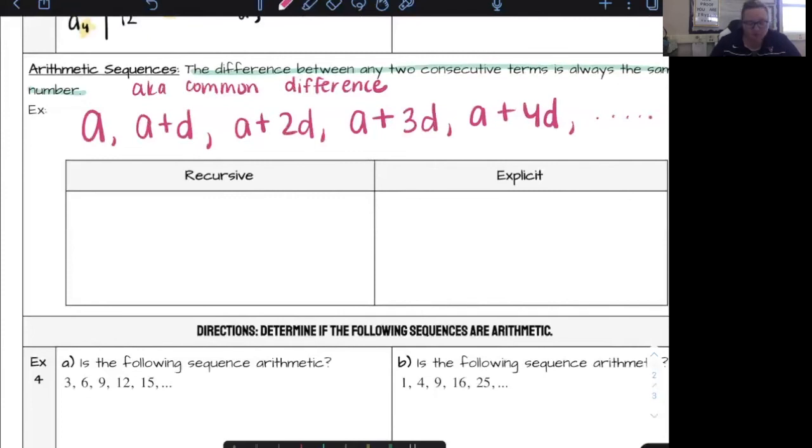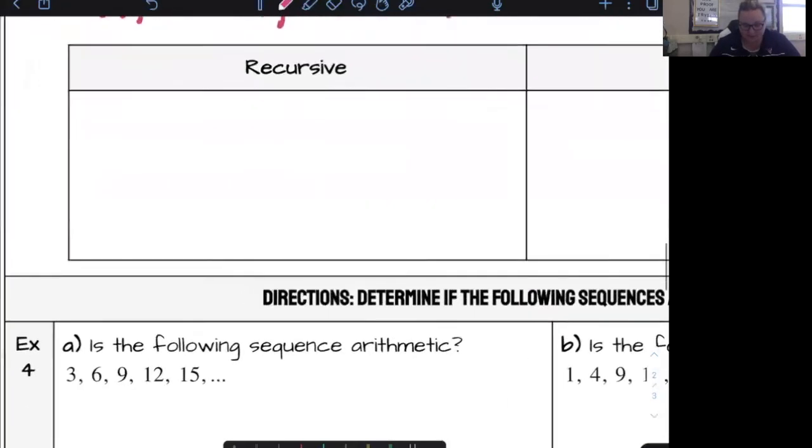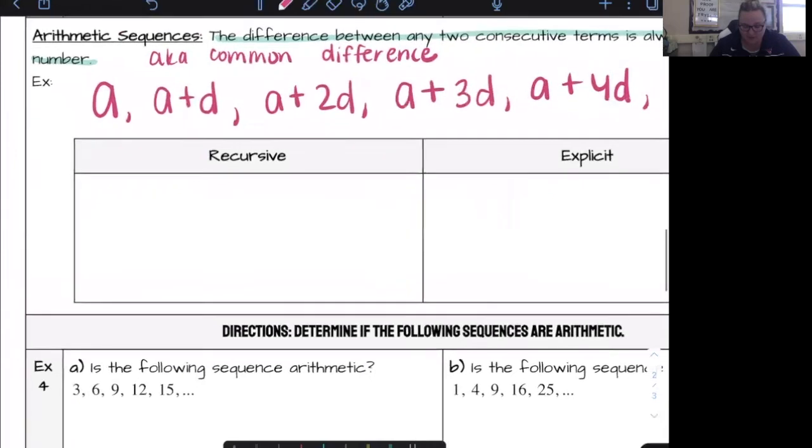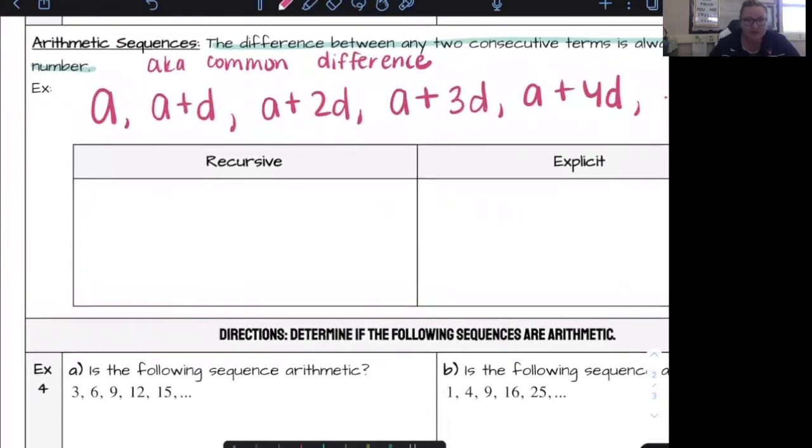So we have two types of arithmetic sequences. When we write our formulas, we can have a recursive formula or an explicit formula. A recursive formula will always look like this: A sub n will always be equal to the previous term plus the difference. So if you know the previous term, you just add the common difference and then you have the next term.